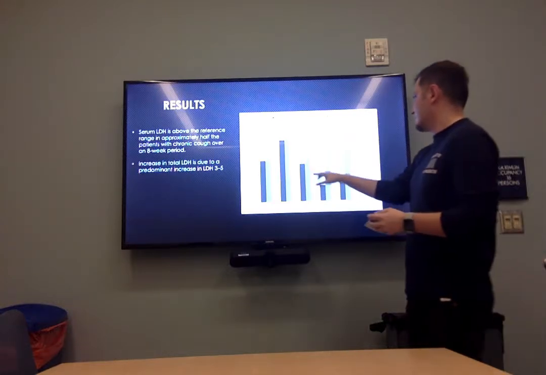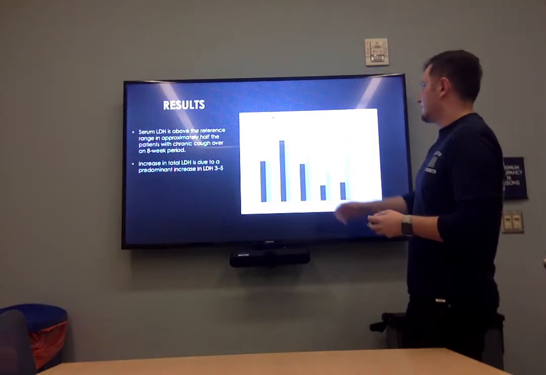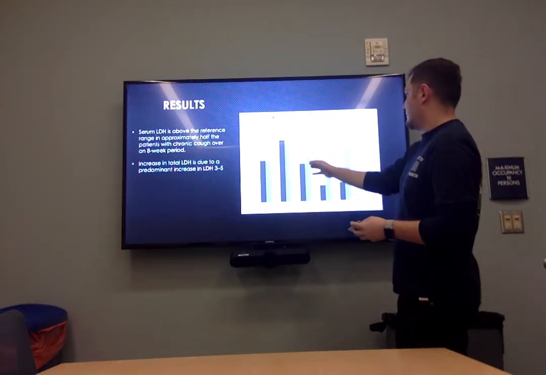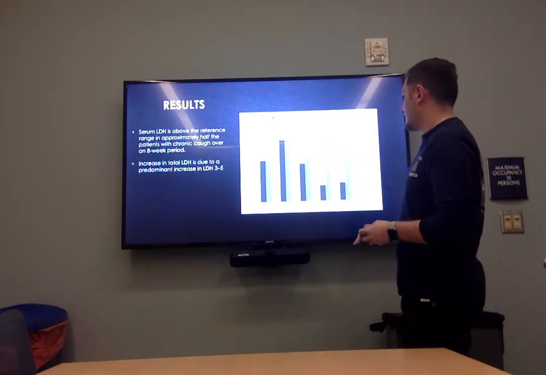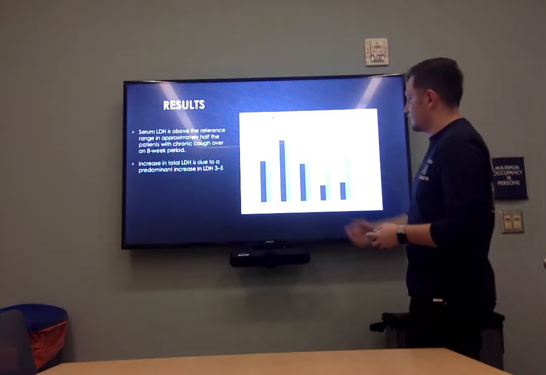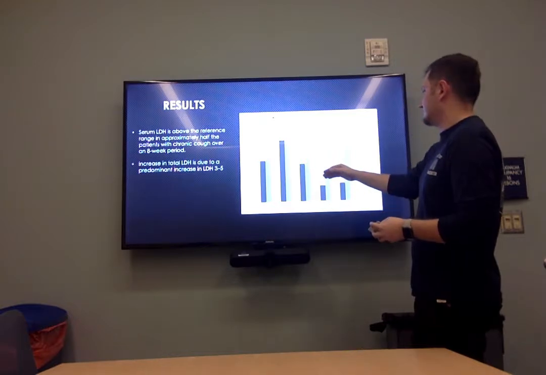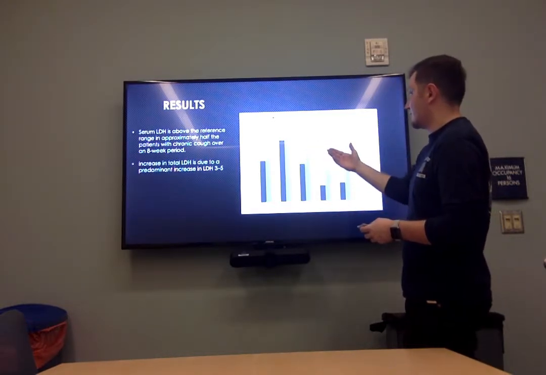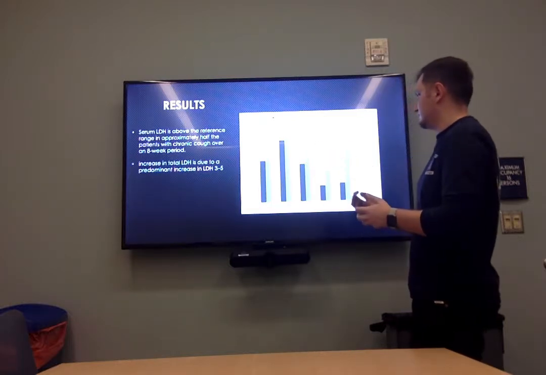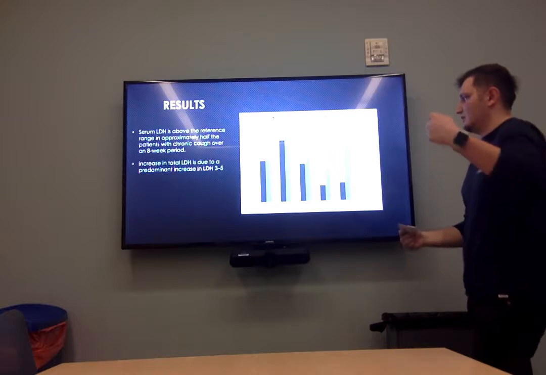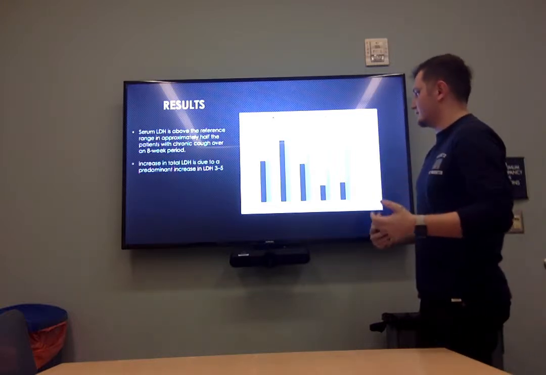As you see here, the predominant ones were LDH 3, 4, and 5. The chronic cough bar, indicated by the light gray color, is a lot higher than the reference number they were expecting.